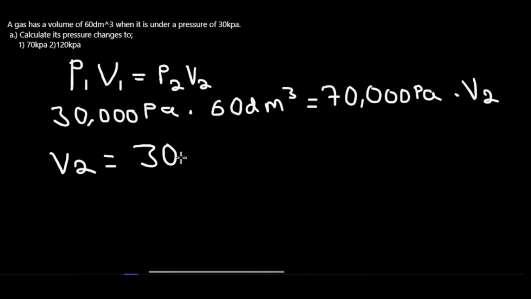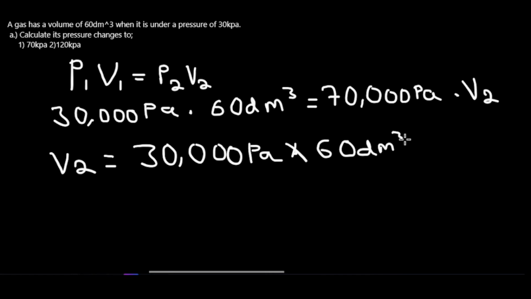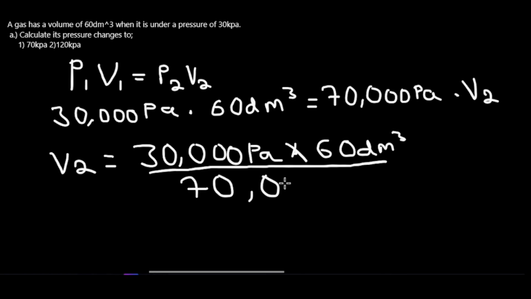If I want to get my V2, I can say V2 is equal to 30,000 multiplied by 60 decimeter cubed, and then all this over the 70 kilopascals in terms of pascals.